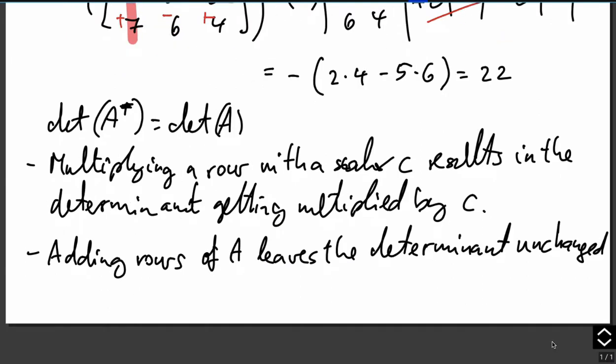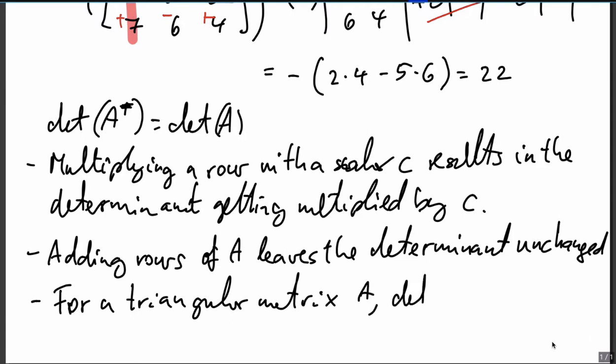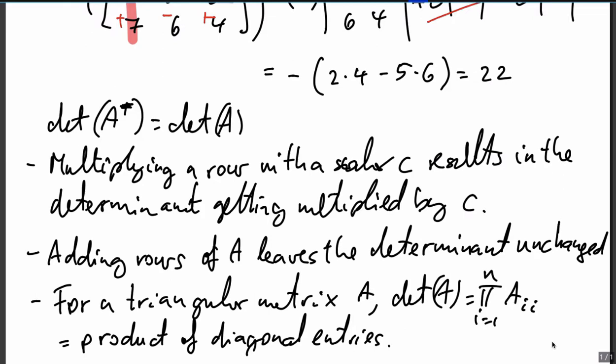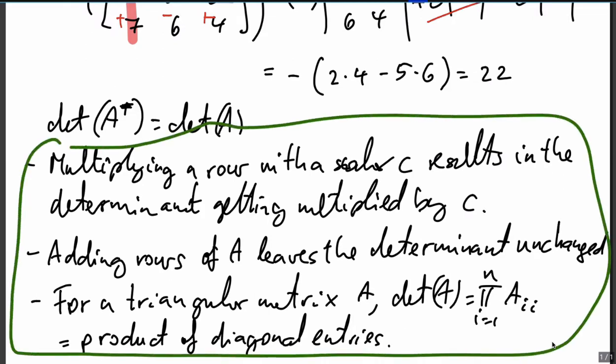And for example, for a triangular matrix A, the determinant of the matrix is just the product of the diagonal entries. These 3 properties will be used later for calculating the determinant.